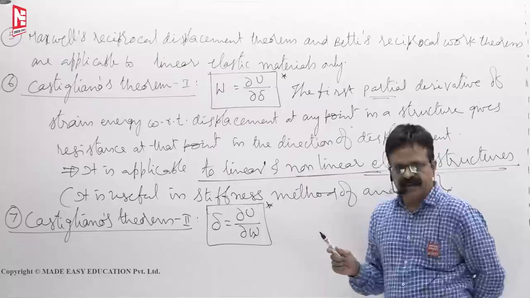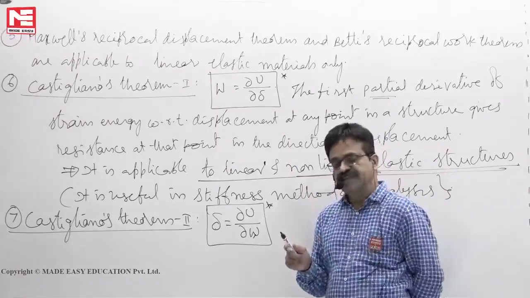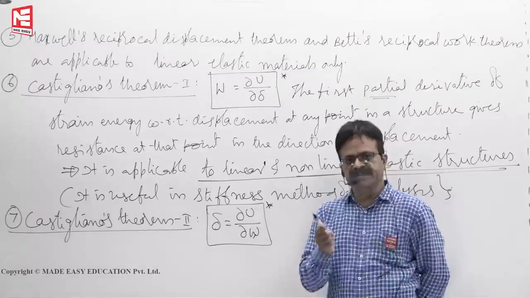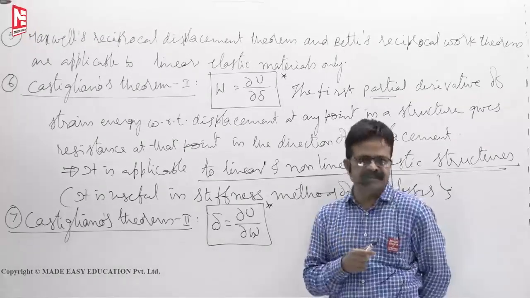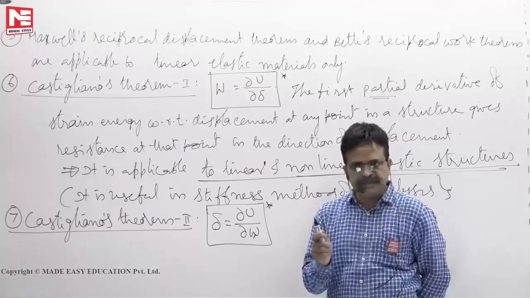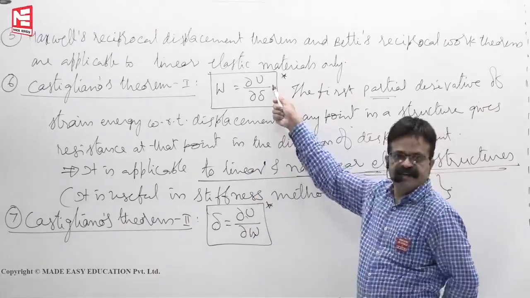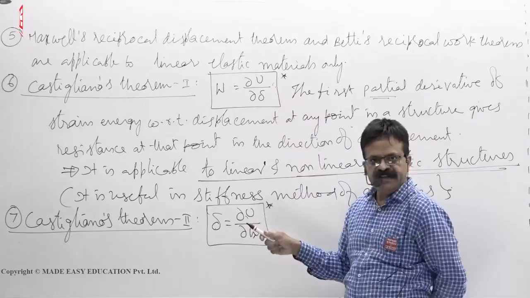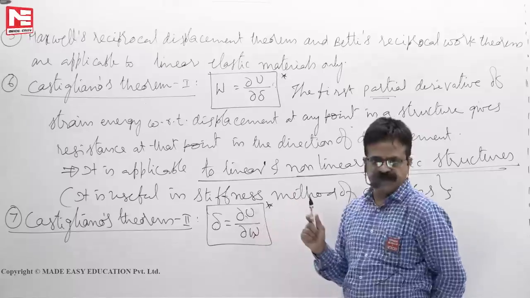For linear elastic materials, complementary energy and strain energy are equal. So whether you write strain energy or complementary energy, both expressions are the same. But to be precise, here you are writing complementary energy, here it is strain energy.